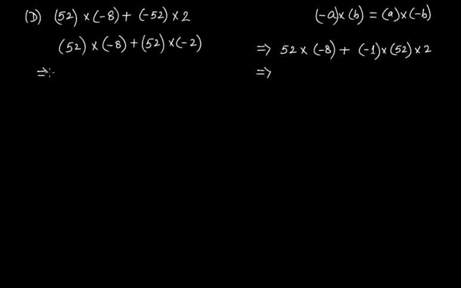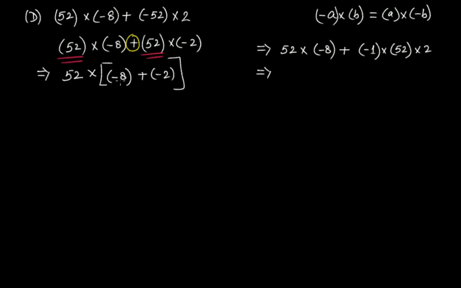And then here you can proceed, take 52 as common. You take 52 out, and then this is multiplication, and then this is minus 8, and then you have minus 2, right? This 52 here, this 52 here, and in between this addition sign was there.